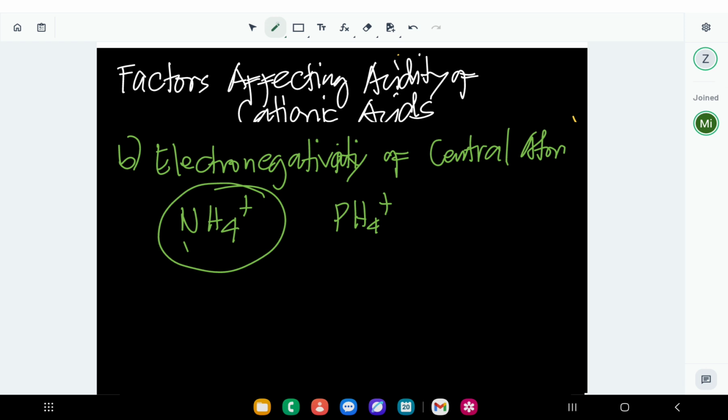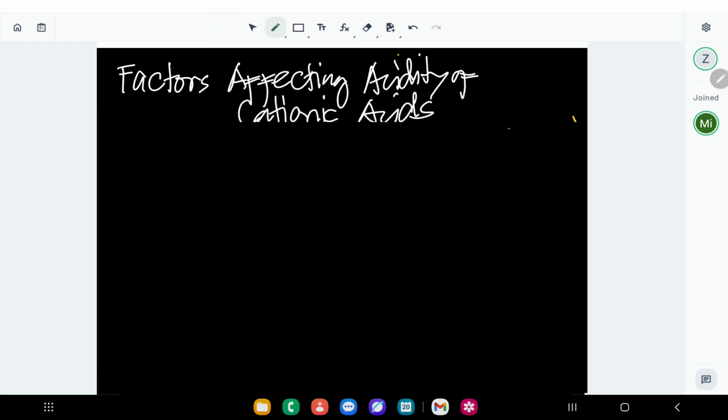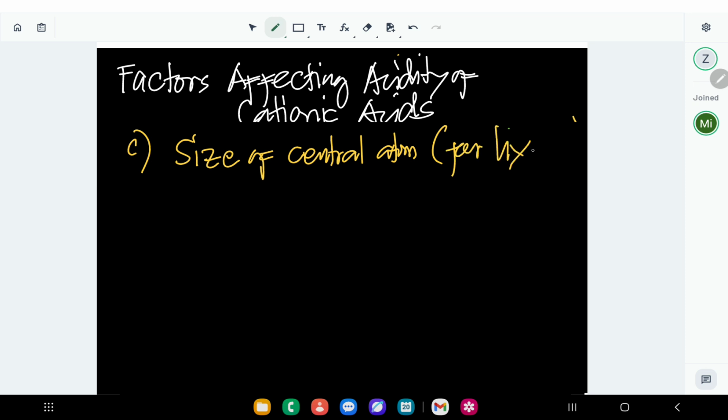And then the next factor, we already have electronegativity and electrostatic attraction, and the third one is the size of the central atom. This is for hydrated metal ions.